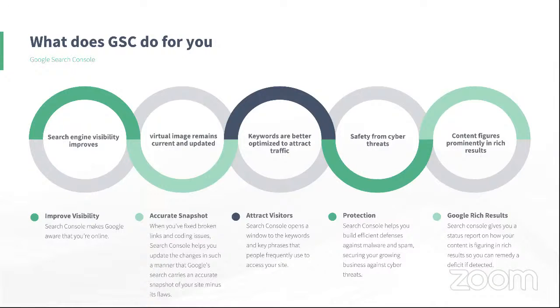Keywords are the way that people find you. If you're looking for something online in Google, you're going to type in, I'm looking for ladies pink trainers. Those keywords that you type in will show up in Search Console and help you plan your content better to meet what people are looking for.